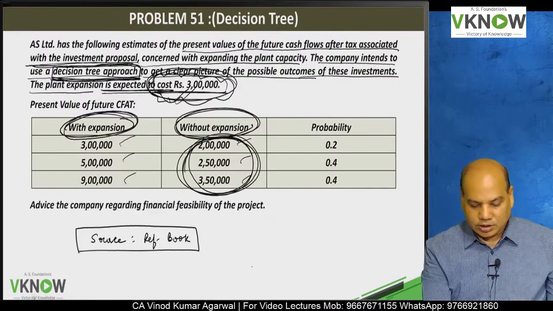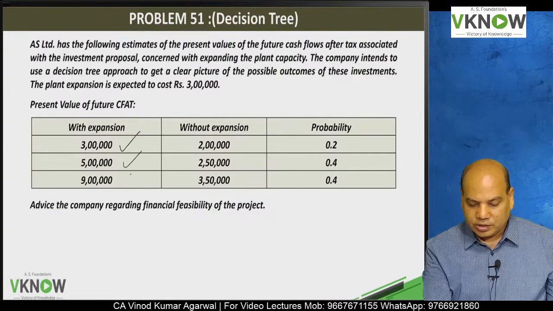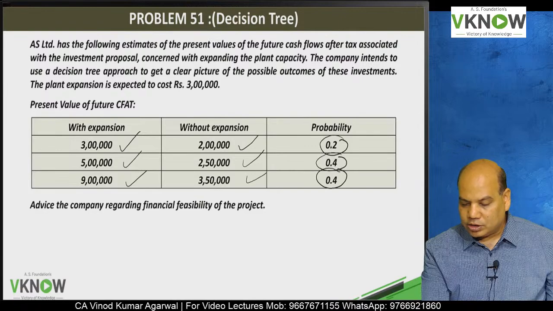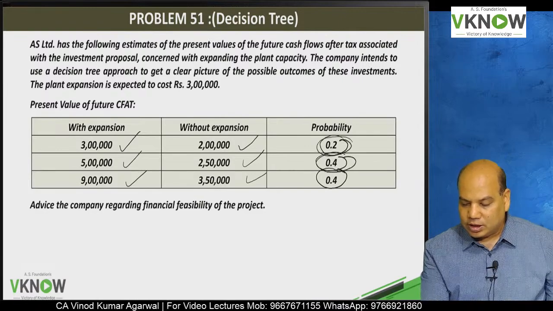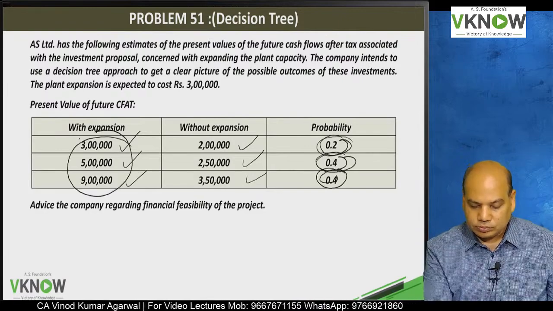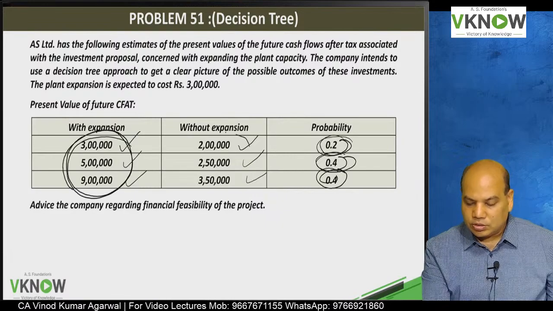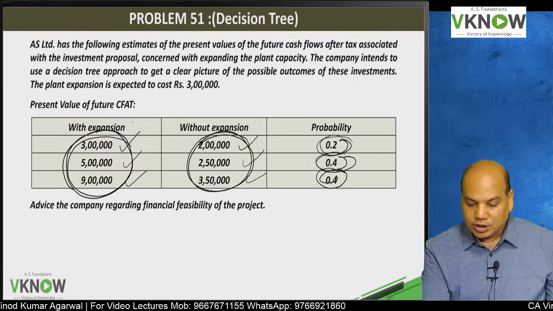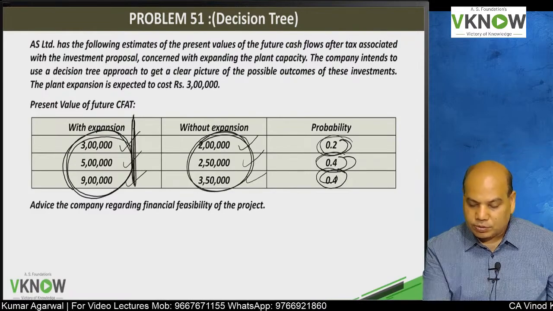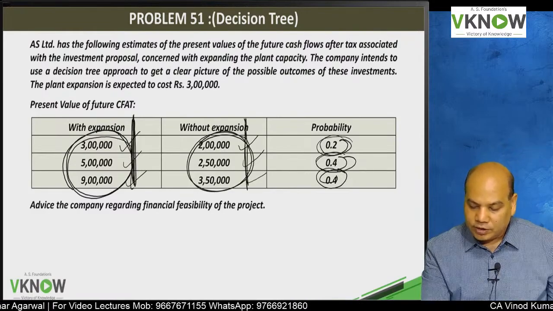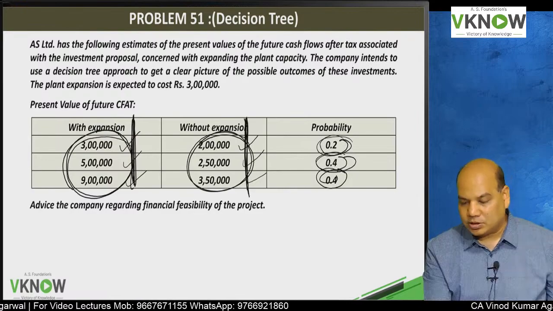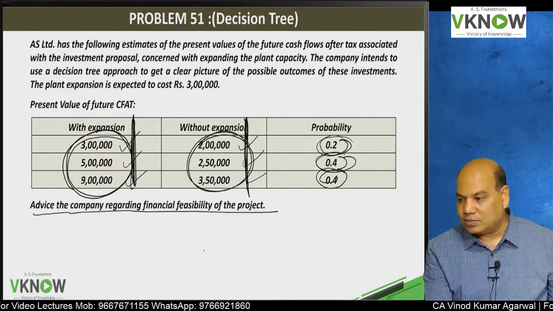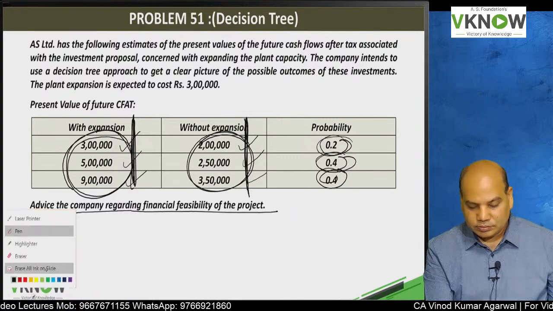And these are the NPVs. These are the present values given to you. These are the probabilities. So we will assume the same probability applies to this 3 number also, and same probabilities apply to this 3 number. Sometimes they can give you different probabilities for with expansion and different probabilities for without expansion. Advise the company regarding financial feasibility of the project.